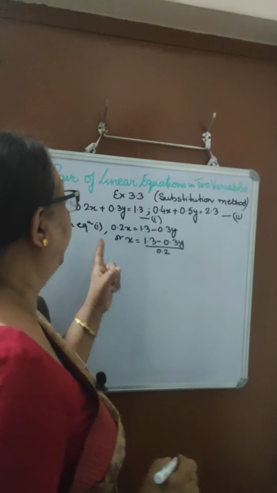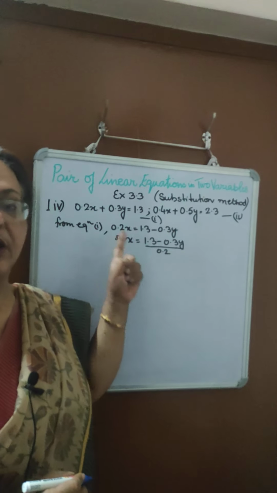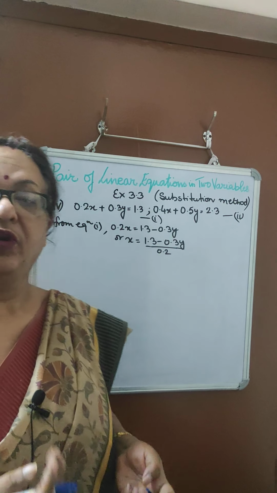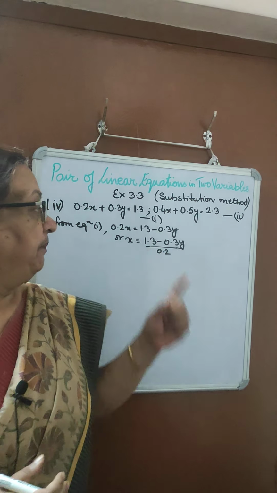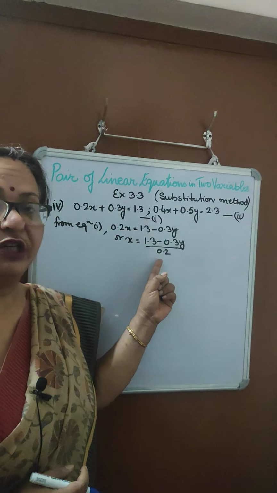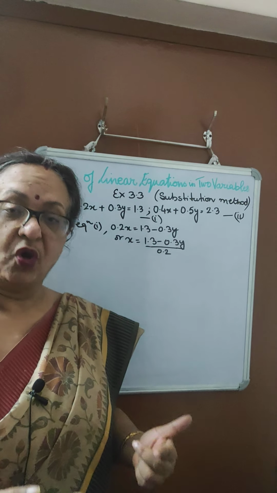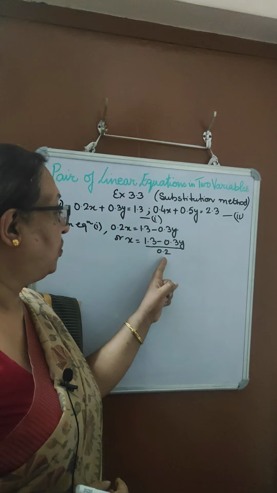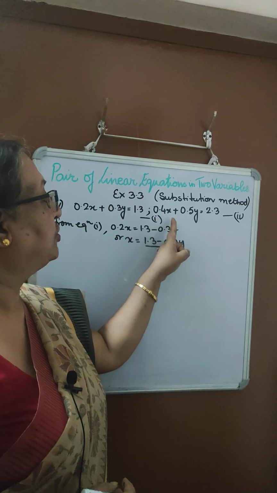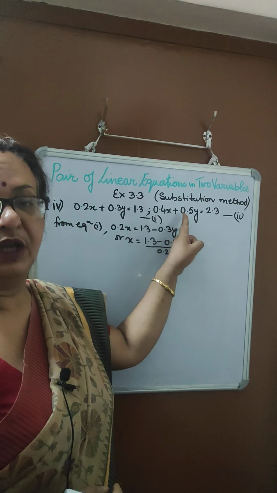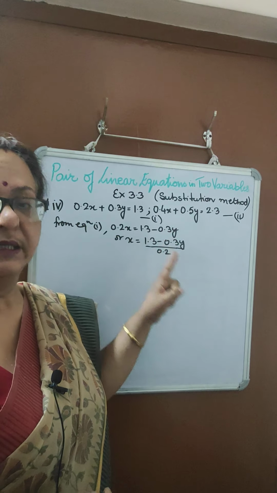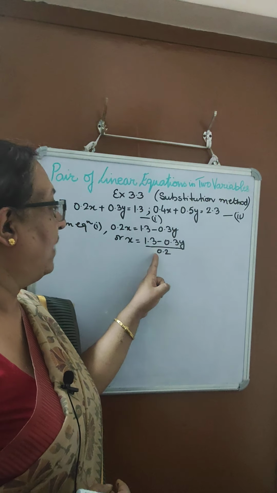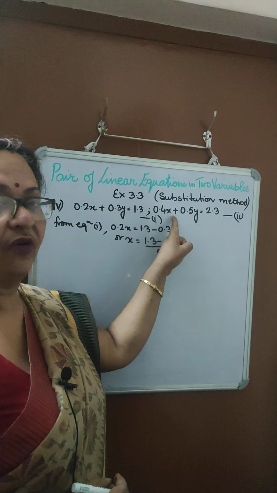Okay, so we have the value of x from the first equation. Now what we do? Whatever we get, this value we substitute. Substitute means in place of. We put this value of x in place of x in the second equation. Substitute is putting this value of x in place of x.